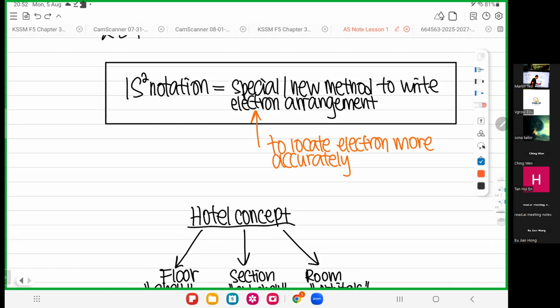For example, you go to a shopping center. Maybe I'll mention one that you might be more familiar with. I assume some of you here are from PJ. Let's say One Utama, 1U shopping mall. If you want to find me and I only say I am in the shopping mall, on the second floor, you cannot find me. 1U is super big.